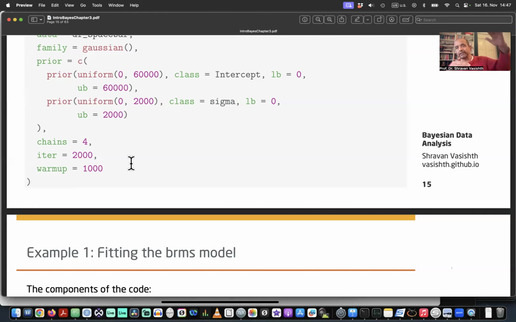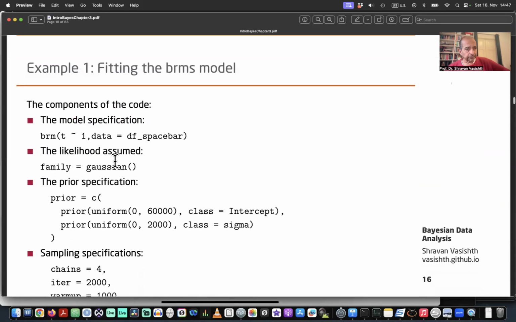We want to wait until the sampler has settled onto the distribution and is consistently sampling from it before we start collecting the samples. So that's why we have a warm up of 1000 where we just throw away the samples, and we only take the last 1000 samples from each chain. There are 4 chains, therefore we have 4000 samples. That's what will happen in the end.